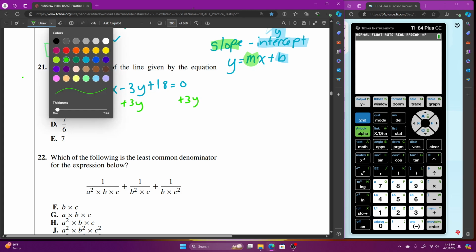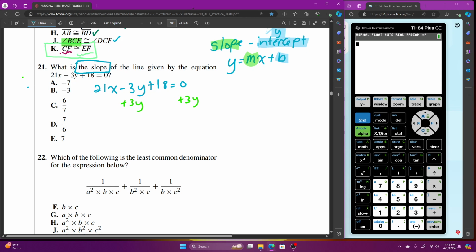That leaves us with 21x plus 18 equals 3y. I could leave it back there if I wanted to, but I'm just going to move it to the front. And now one more step to get rid of that 3.